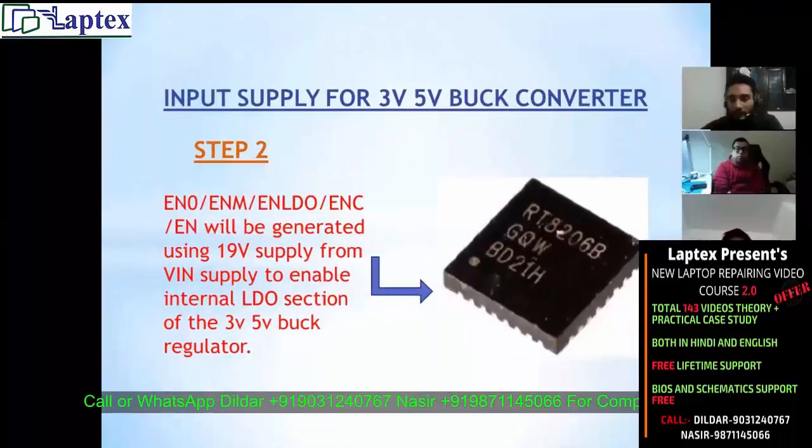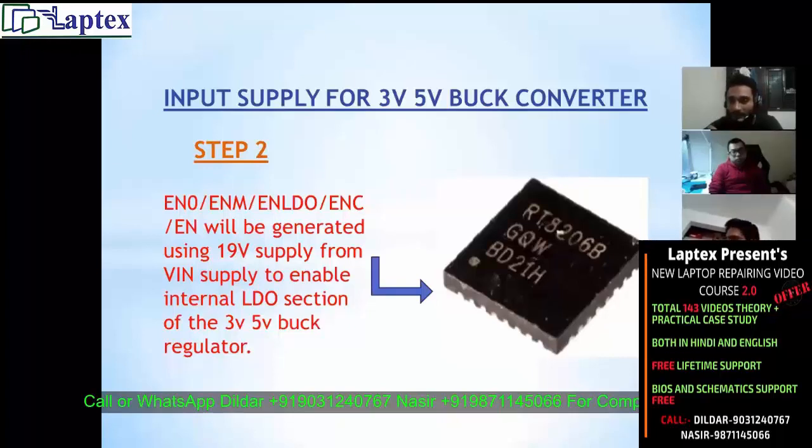After that, there are enabling inputs for this 3 volt 5 volt buck regulator IC. What are the names of these enabling signals? EN0, ENM, ENLDO, ENC and EN. One more name you can add is chip select, CS.